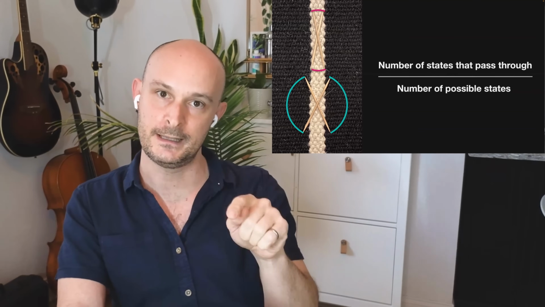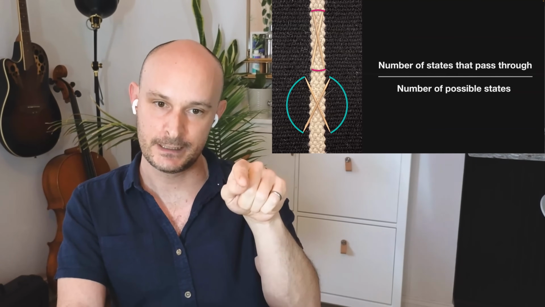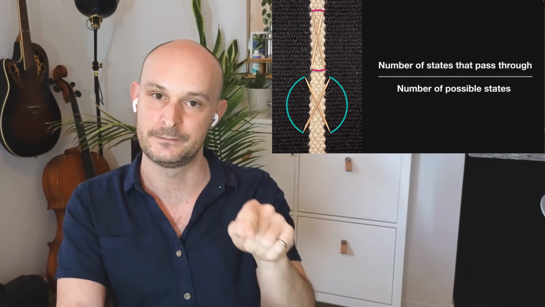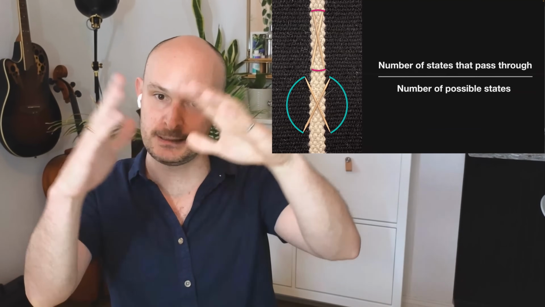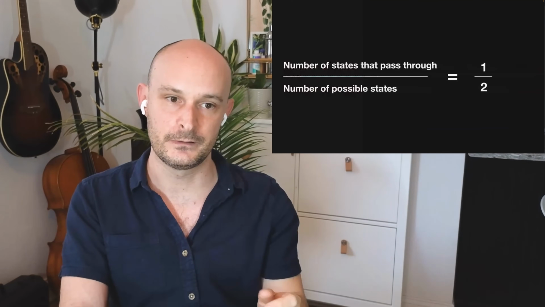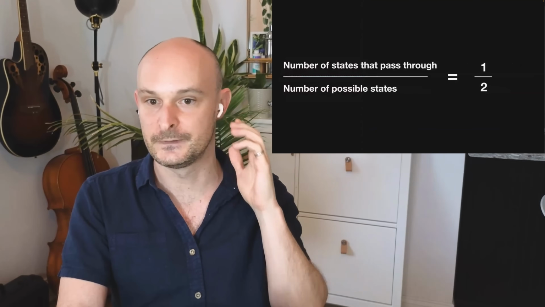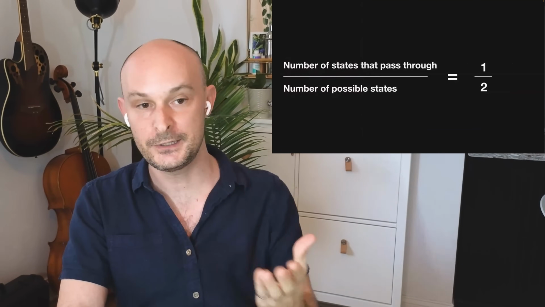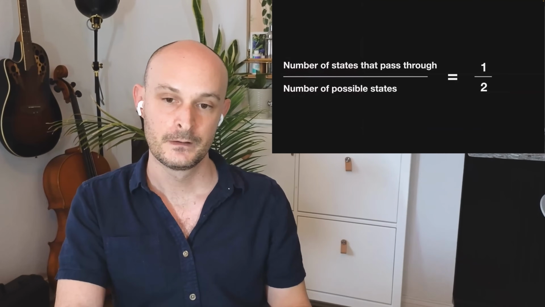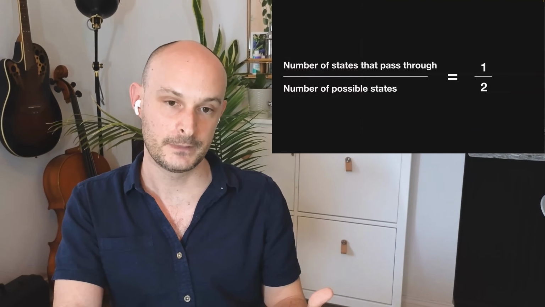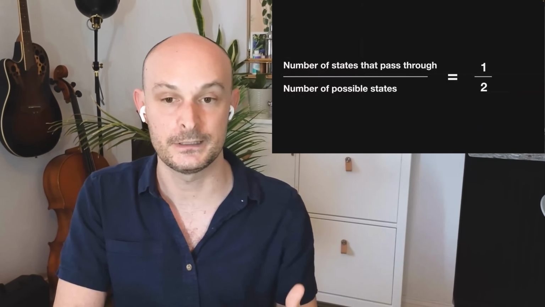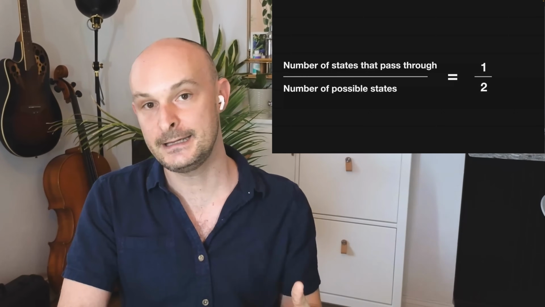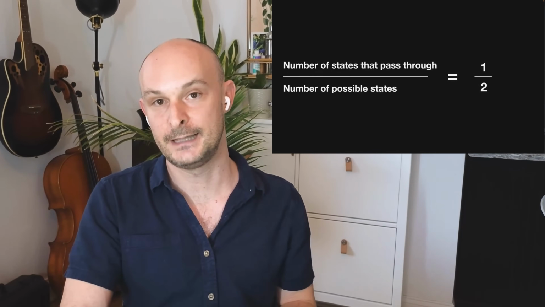In a sense, we're assuming that the denominator there, the number of possible states, can take on any angle along the entire full circumference of the circle. But what we observe is that this ratio should be 1/2. So one of the basic assumptions we should question is that any angle of the polarization is allowed.